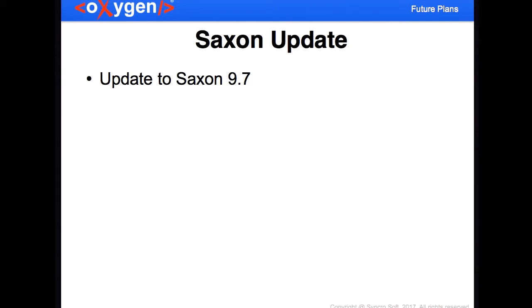I mentioned also earlier when we presented support for Saxon.js that we already managed to update oXygen to include the latest version of Saxon, 9.7. That was a long process because oXygen is very tightly coupled with Saxon on the debugging part. There's no public API, let's say, for debugging.